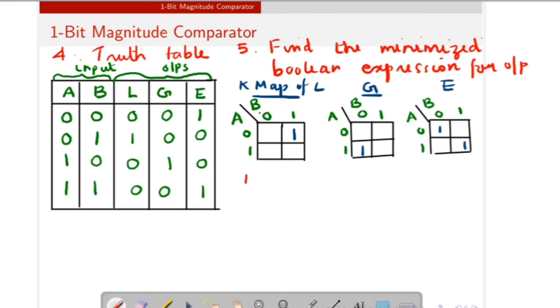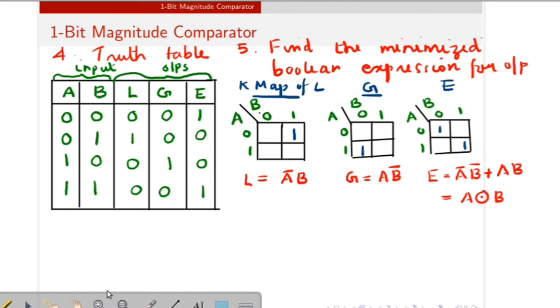The expression for L is A bar B, for G is A B bar, and for E there are two ones, that is A bar B bar plus AB, which is equal to A XNOR B.